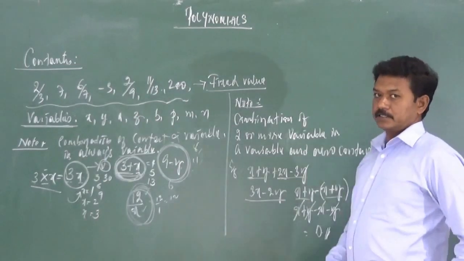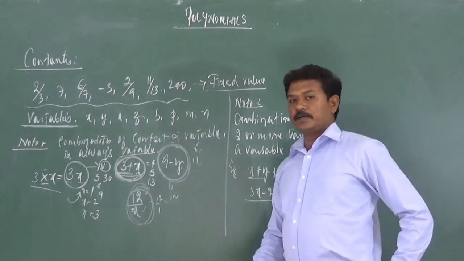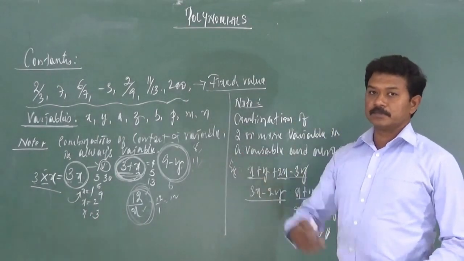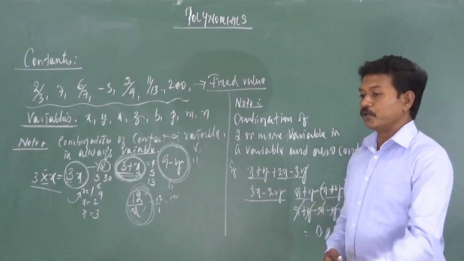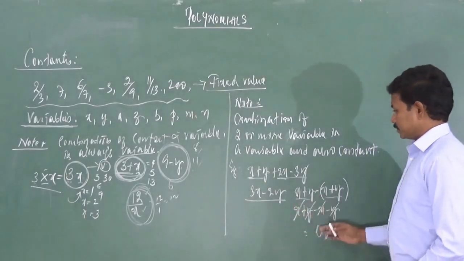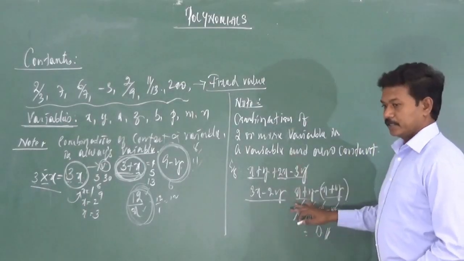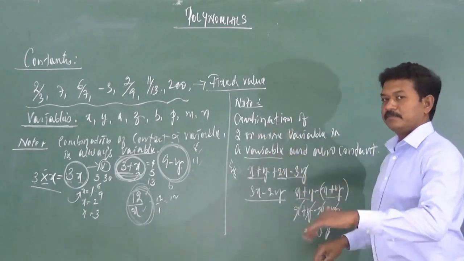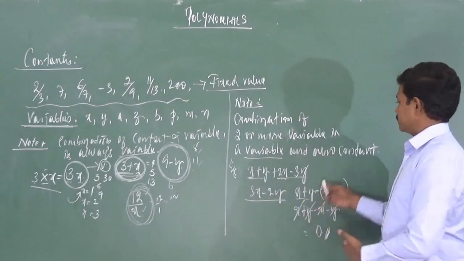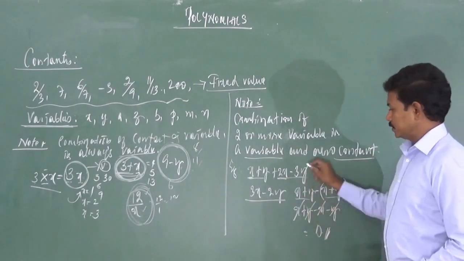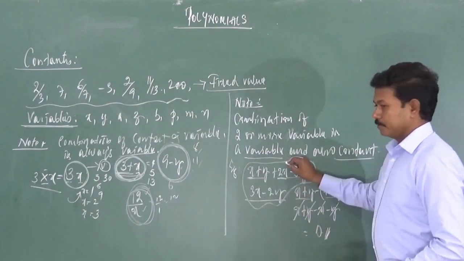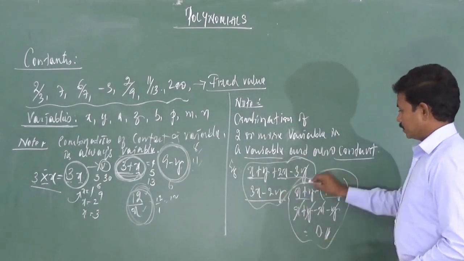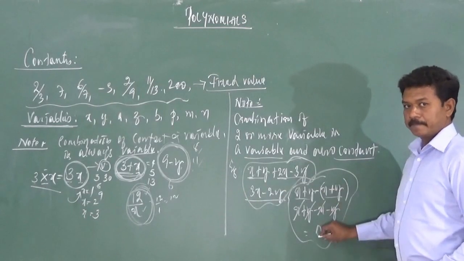In your previous classes, when you were solving problems on simplification of algebraic expressions, I hope you have come across some answers at the end as 0. I hope you have done many problems on it. So a combination of two or more variables is at times a variable, and at times it is also a constant. This is the example for the combination of two variables which gives a variable, and this is the example for the combination of two variables which gives a constant.